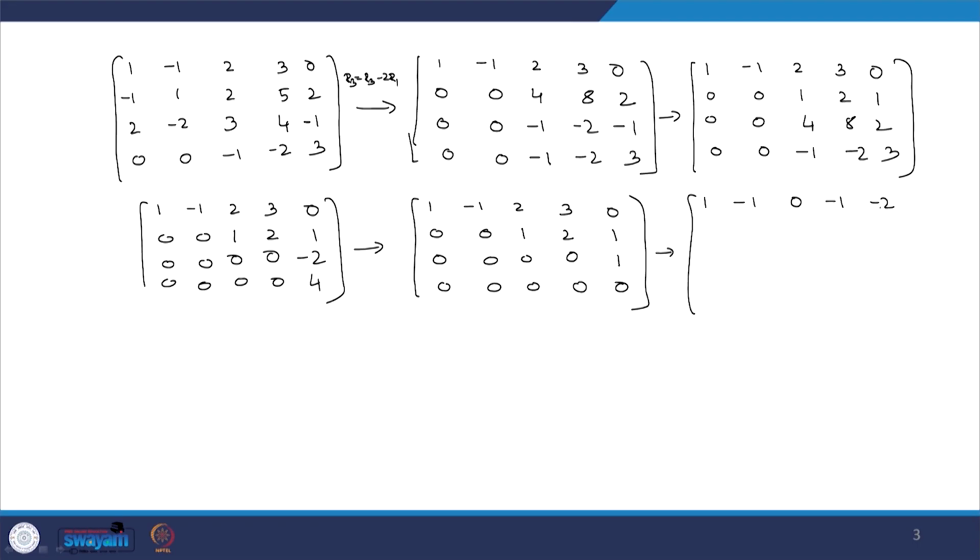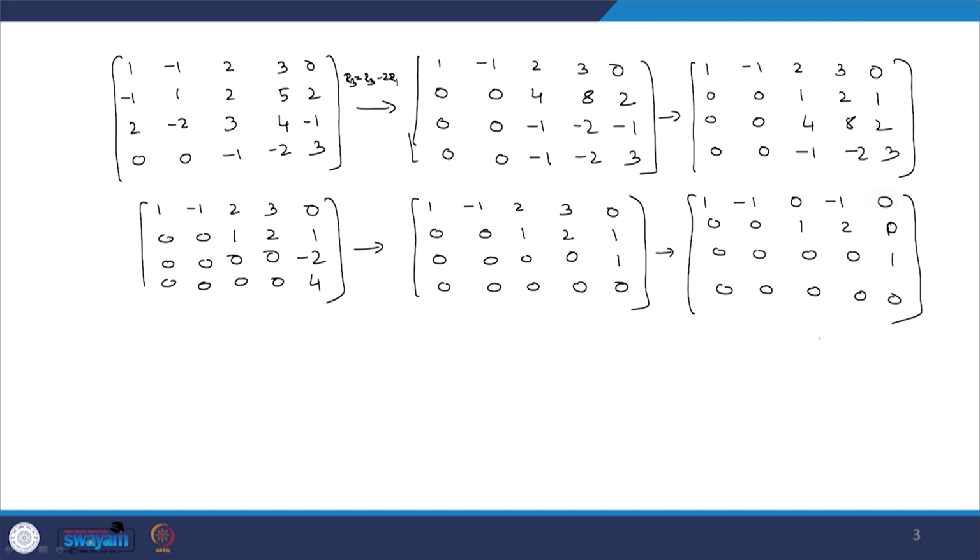Fine. Then I am having 0, 0, 1, and here I am getting 2 and 1, then 0, 0, 0, 0, 1, and 0, 0, 0, 0. Again I can make this simply 0. So, this is also possible.